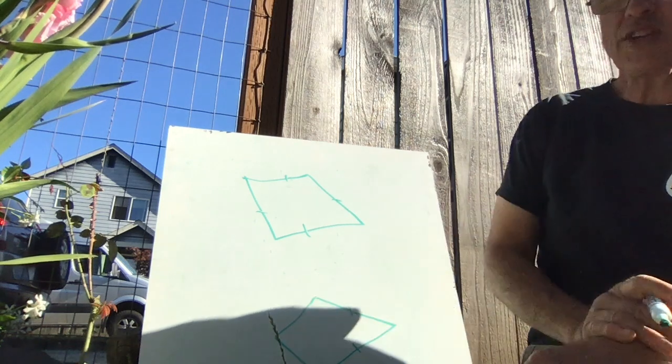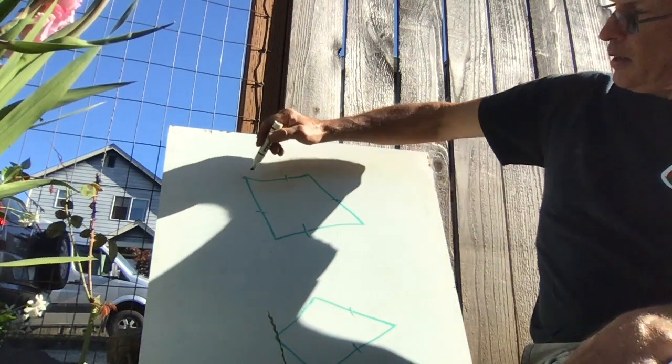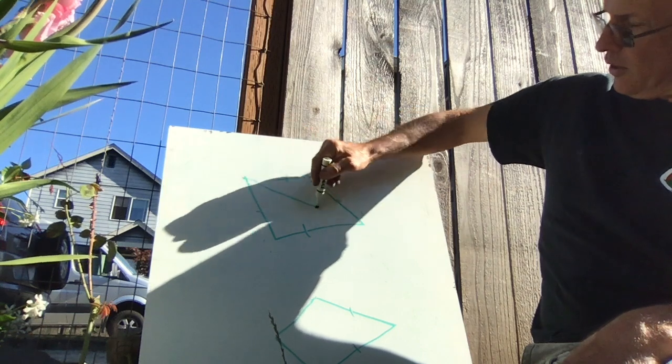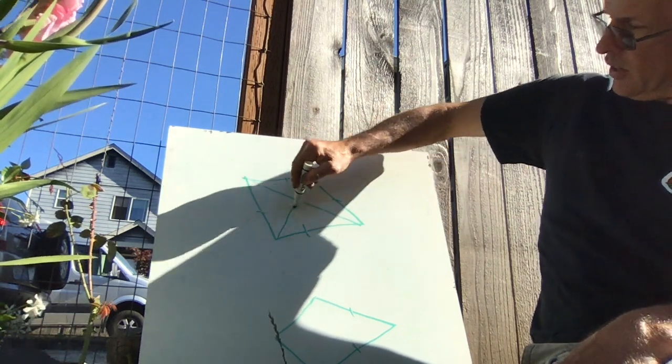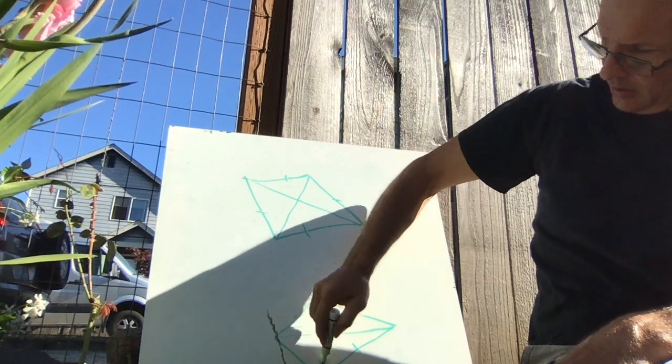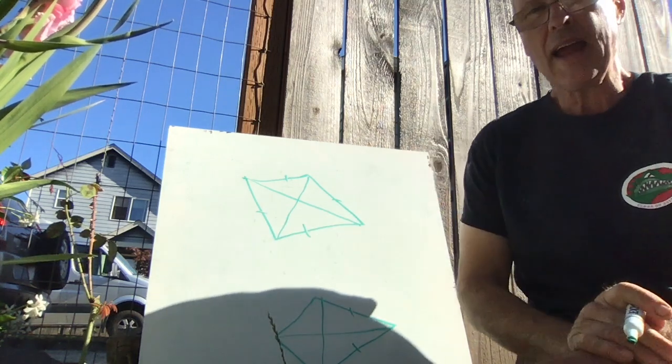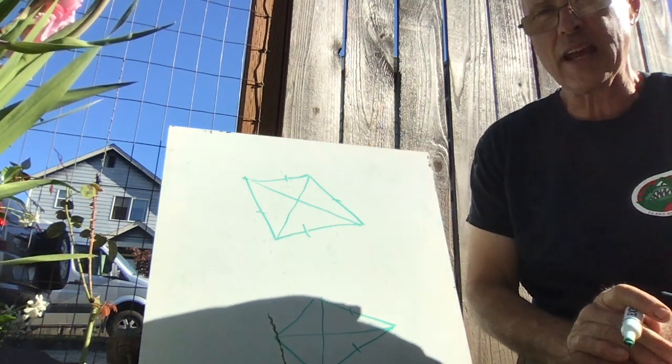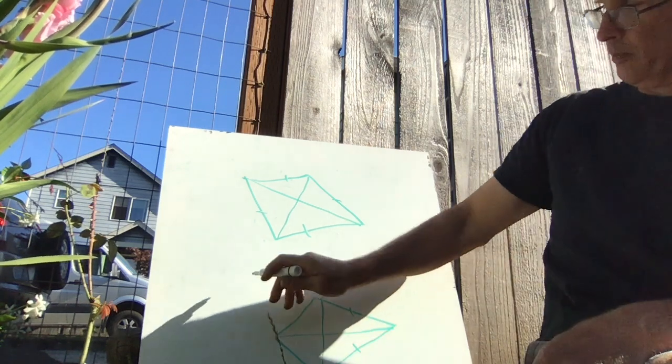So on both of these kinds of figures, if you measure the diagonal here and the diagonal here, same with this one, this diagonal and this diagonal, and then you take half of that, that's the area of those 2 figures.